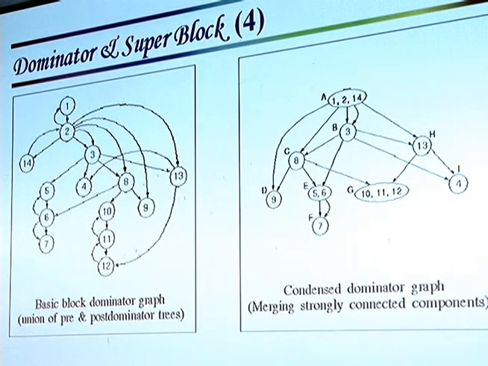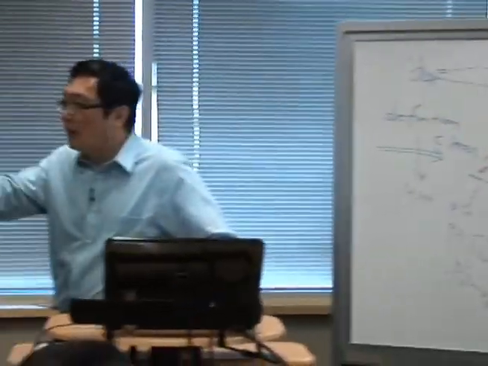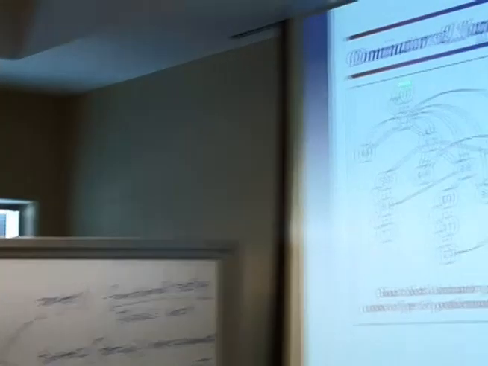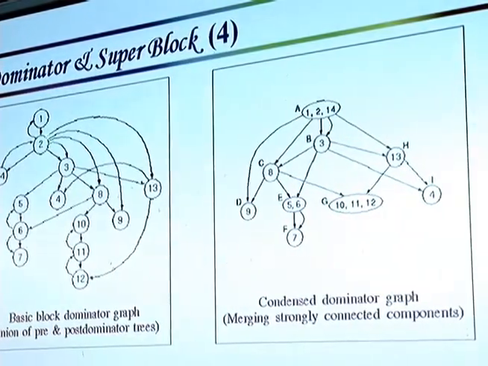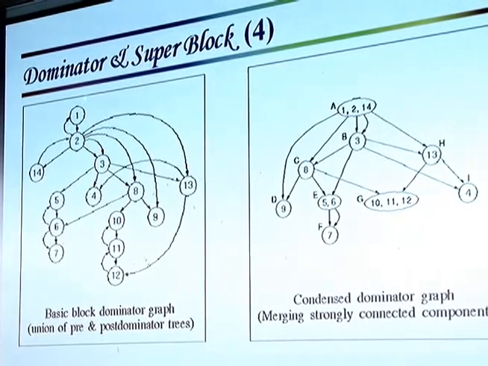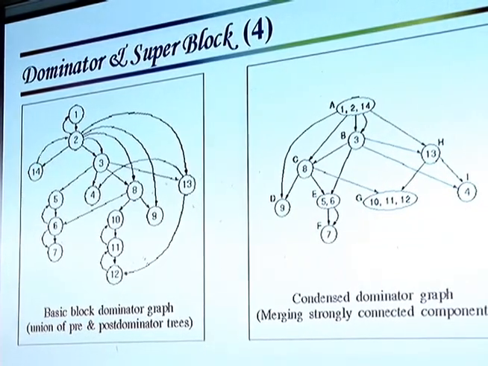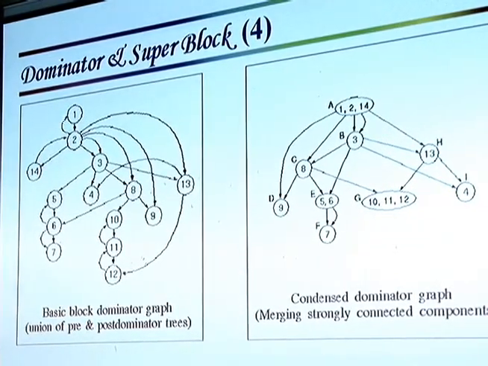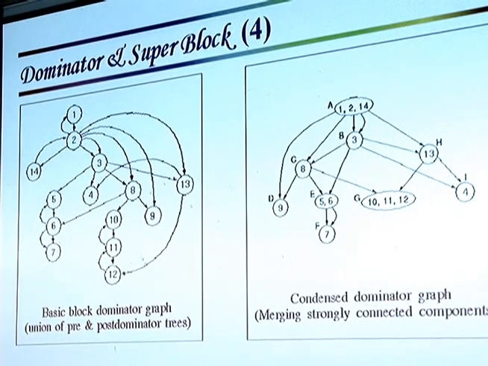Have you noticed what we just said? If I go to one of them, there is a path to everyone else in the same superblock. Agree? If I'm at 1, there is a path to 2 and 14. If I'm at 2, there is a path to 1 and 14. If I'm at 14, there is a path to 1 and 2.